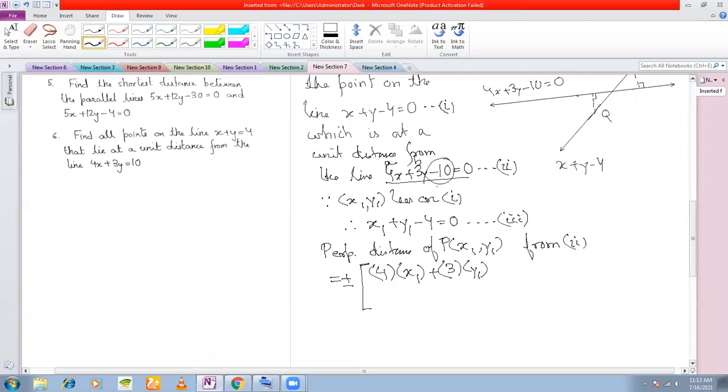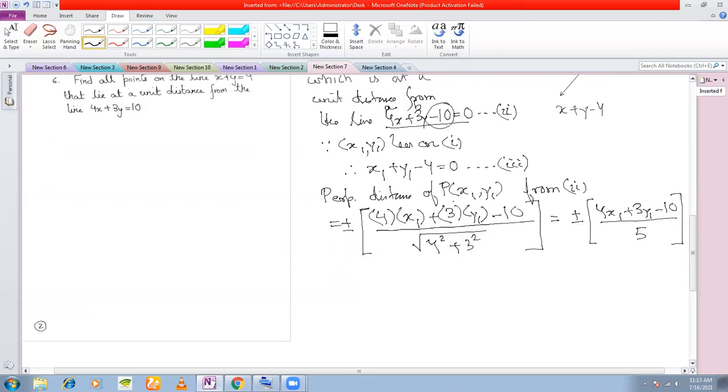And C here is minus 10. Divided by root over a square plus b square. This is the perpendicular distance of the line. Okay. This is equal to, simplify this, you can write this as 4x1 plus 3y1 minus 10 divided by 5.